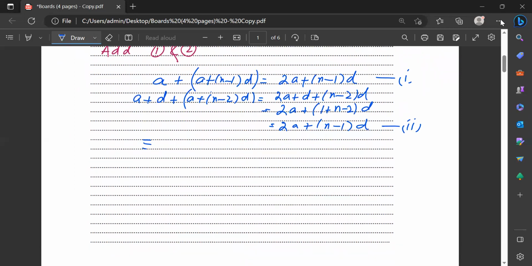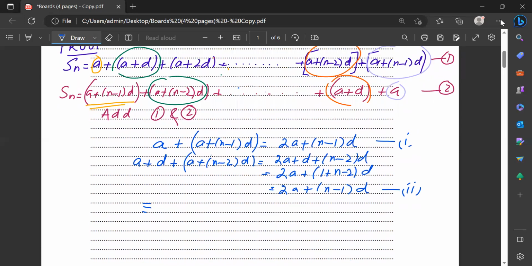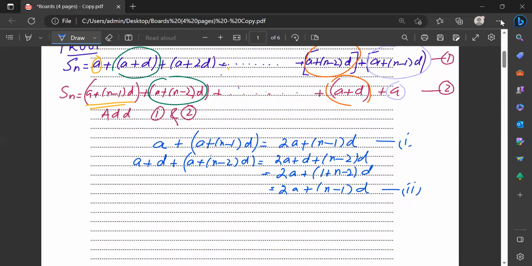Coming to the second last term, a plus n minus 2 into d, when we add this to the second last term of the second equation, we are just adding the corresponding terms.